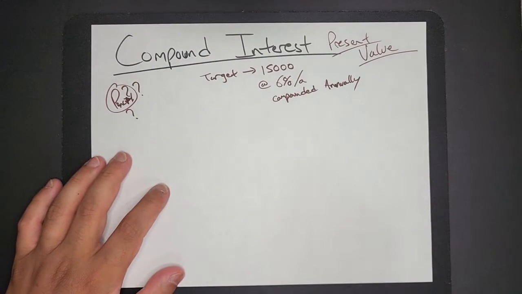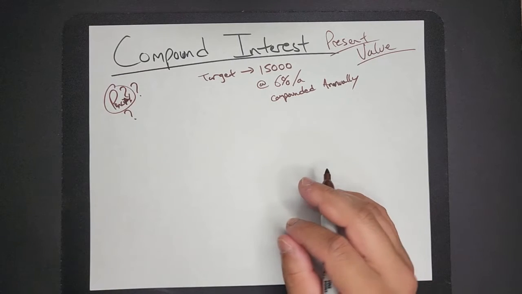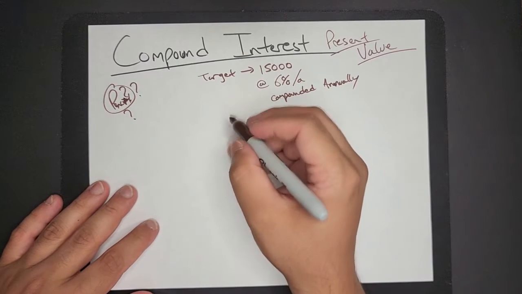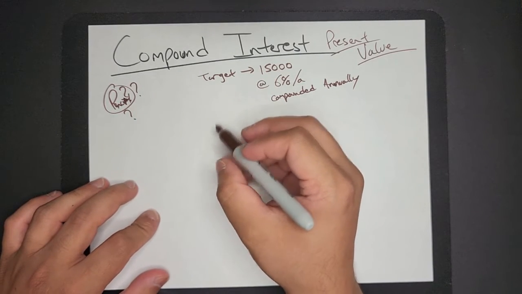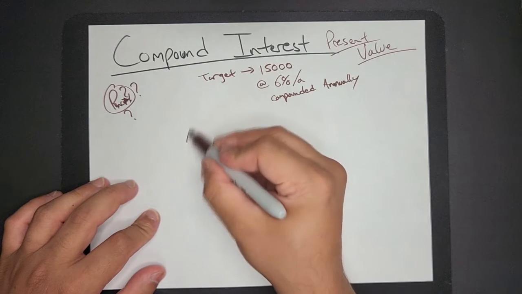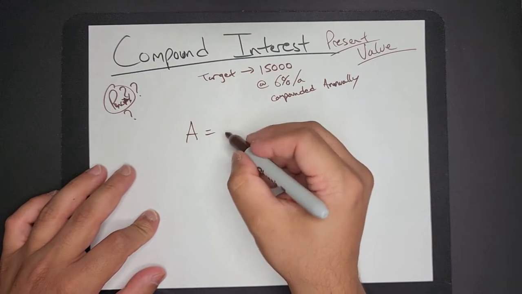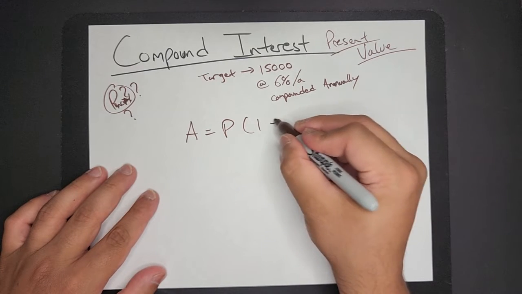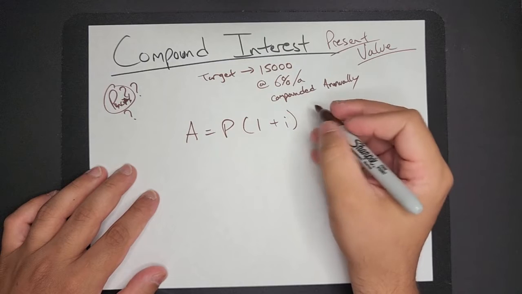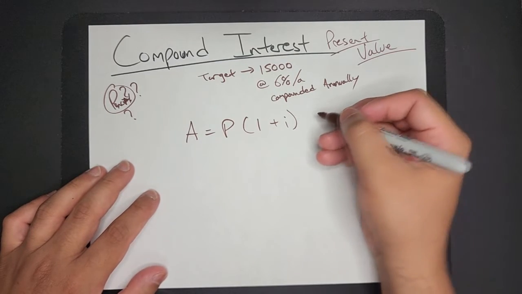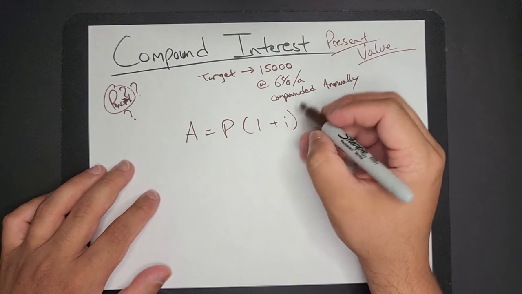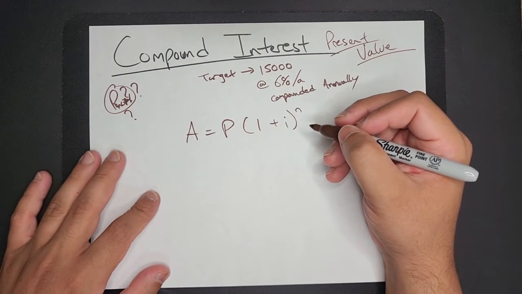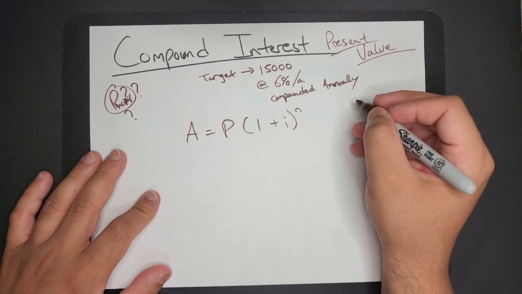So, now let's actually do our calculation. We know that our interest formula is that our amount will equal our principal times 1 plus the interest rate over the number of periods, or compound periods.